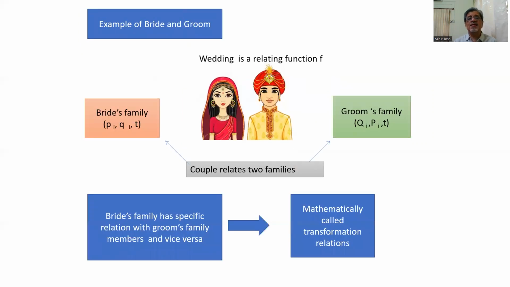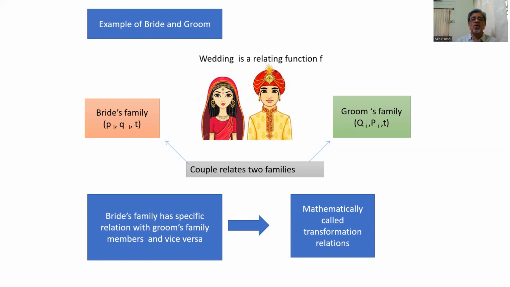Now we take another example, of a bride and groom. The wedding is a relationship, a function f. The bride's family is represented by qi, pi, and t, the small variables, and the groom's family is represented by capital Qi, Pi, and T, the new variables.